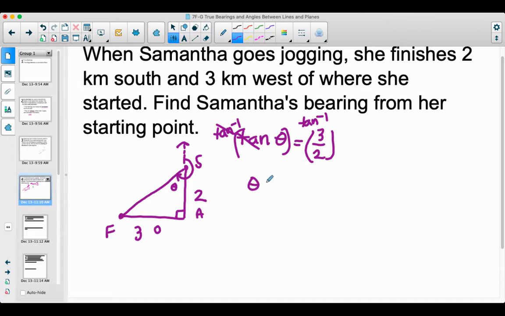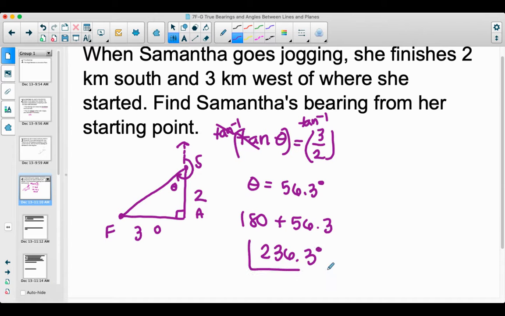And so we end up with theta being, if we go 3 sig fig, 56.3 degrees. So this angle in here is 56.3, but then we also have this 180 degrees right here. So we add 180 plus our 56.3, and her bearing is going to be 236.3 degrees. And there would be your bearing.